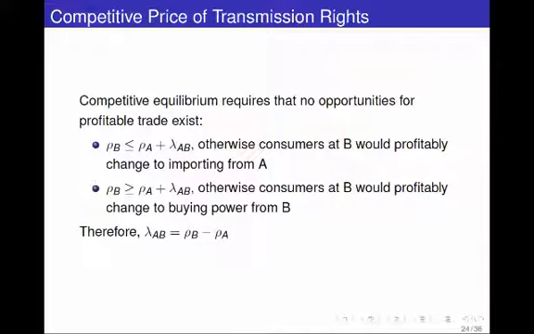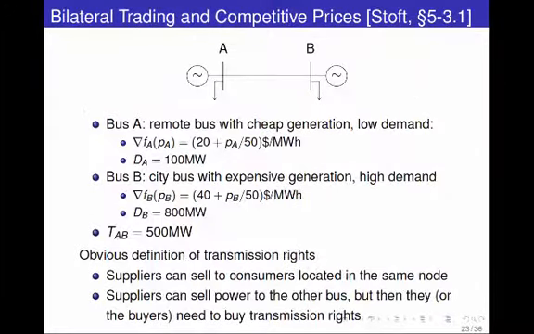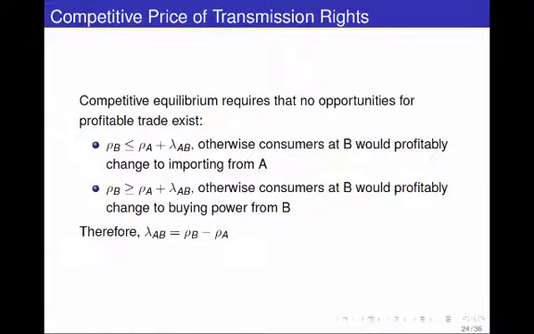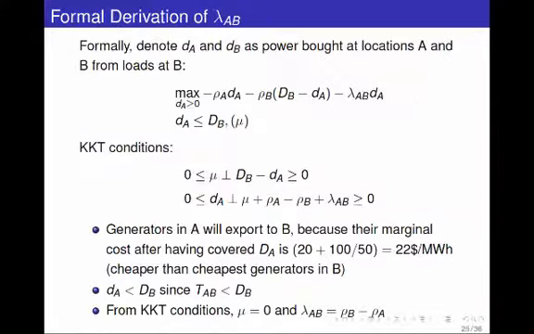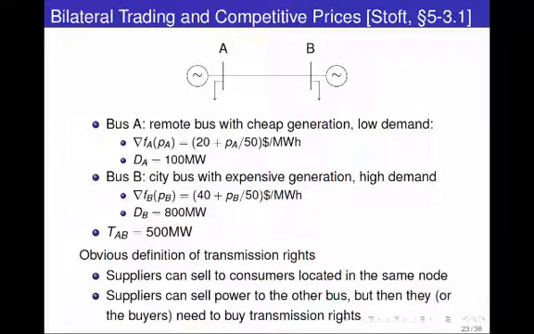The moment I impose this condition of no profitable opportunities for trade, immediately that tells you a lot about what these transmission rights need to be. Think of what would happen if the price at location B were bigger than the price at location A plus the price you have to pay for a transmission right from A to B. Someone in this economy would really want to move.